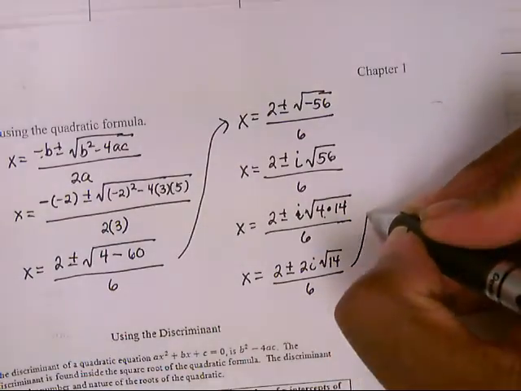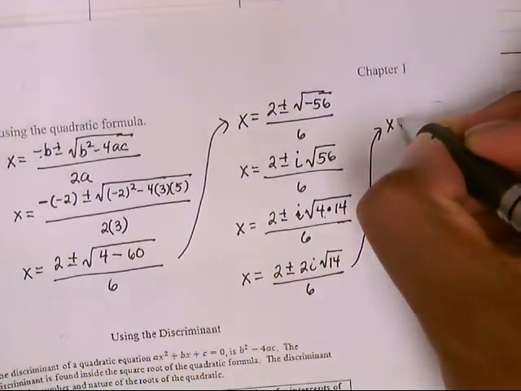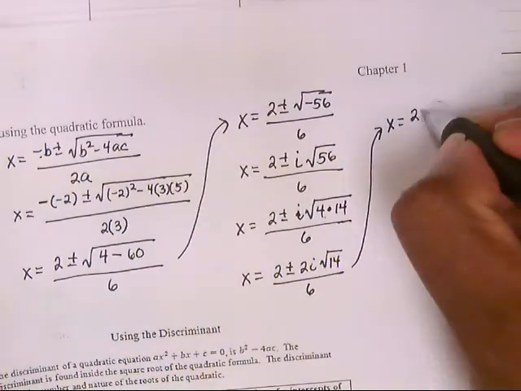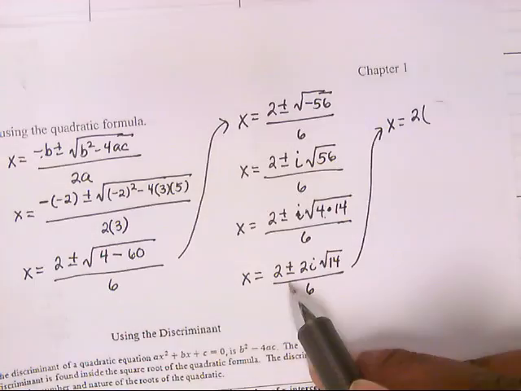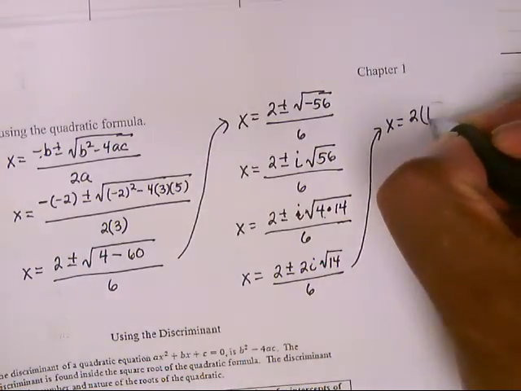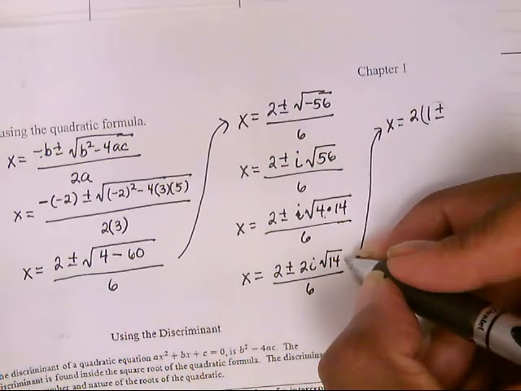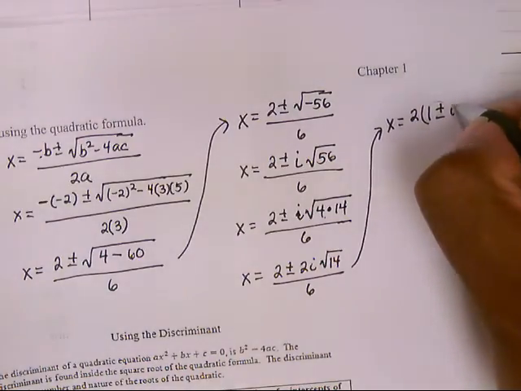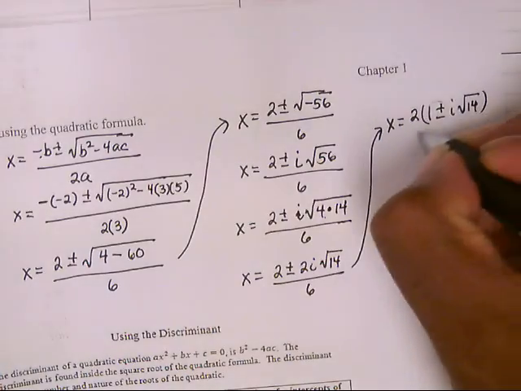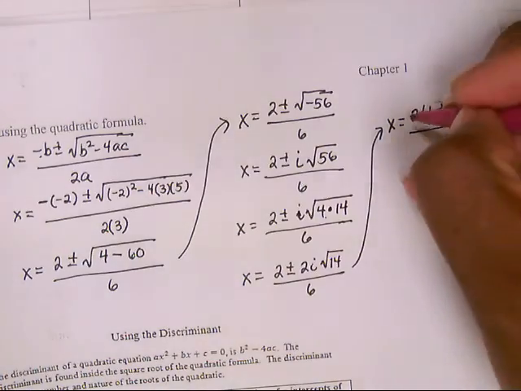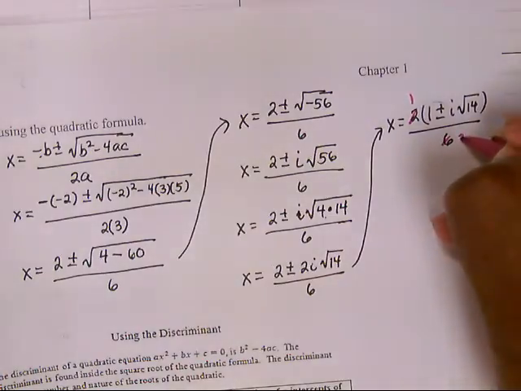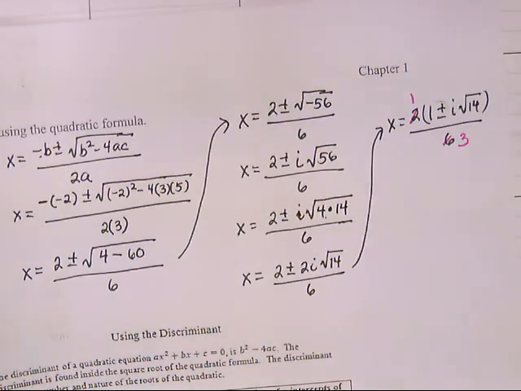And now, in the numerator, I can factor out a 2. As you can see here, I got 2 plus or minus 2i radical 14. That common factor is a 2. I can pull that out. So 2 divided by 2 will be 1, plus or minus 2i square root of 14 divided by 2 will be i square root of 14, over 6. Now here I can divide out the 2 and the 6. 2 goes into itself 1 time. 2 goes into 6 3 times.